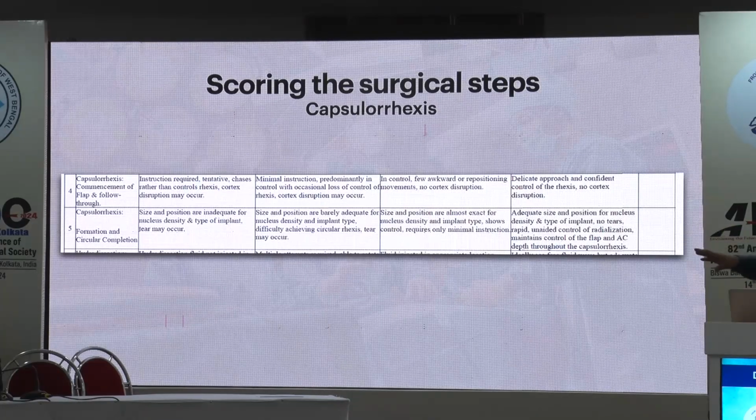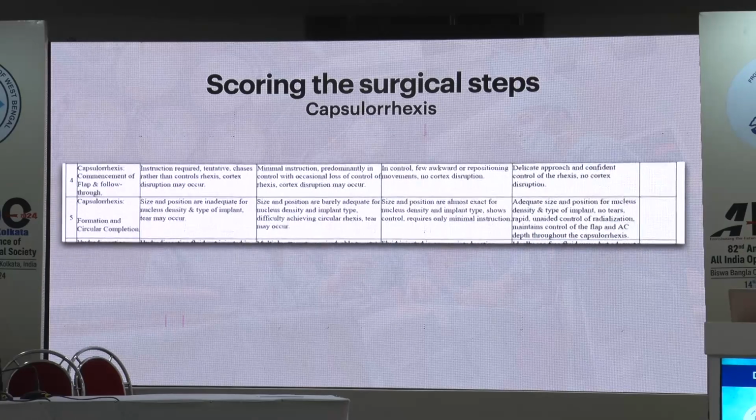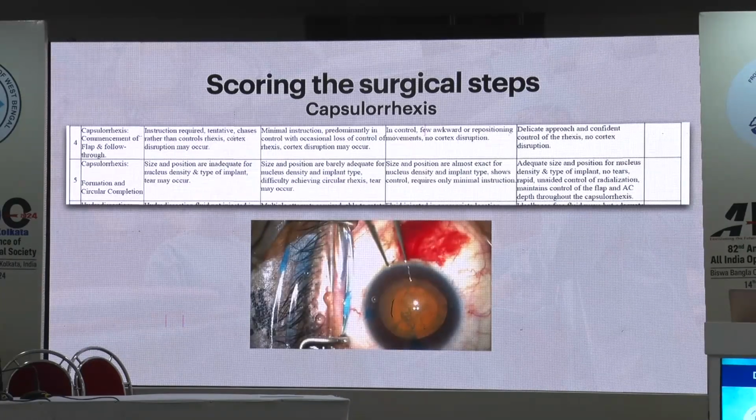Barely adequate, so it has multiple steps, multiple parameters by which we can grade. And you're right, let's look at the actual rexus, how it went. So this is not a well-centered or an adequate rexus for this nucleus. So that is why you would be able to grade it very objectively using the descriptive parameters in them.